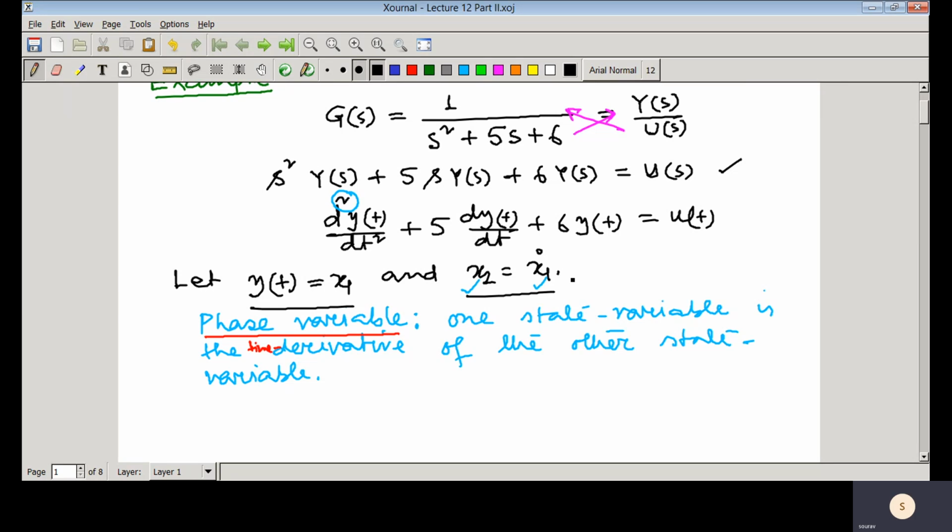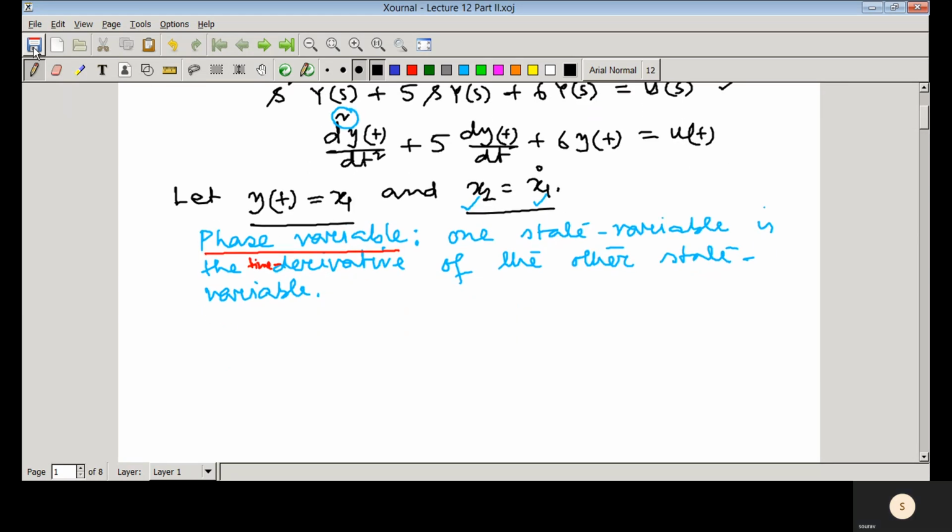Now if we proceed with these state definitions, what will you get? x2 dot, from here we can see that x2 dot means d2y by dt2.